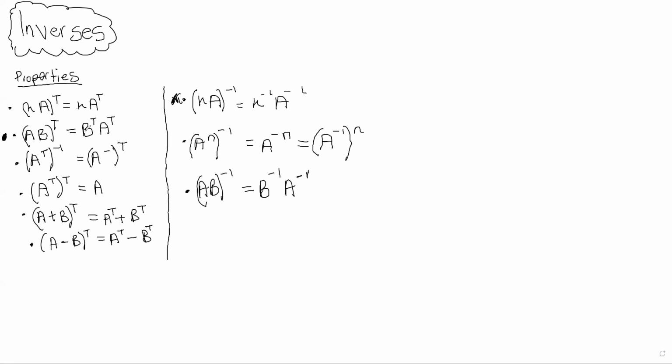The B comes first, and then the A, then you can distribute. And when you have a K with transpose, it doesn't get affected by the T outside. When you expand, it just becomes K and then A transpose.